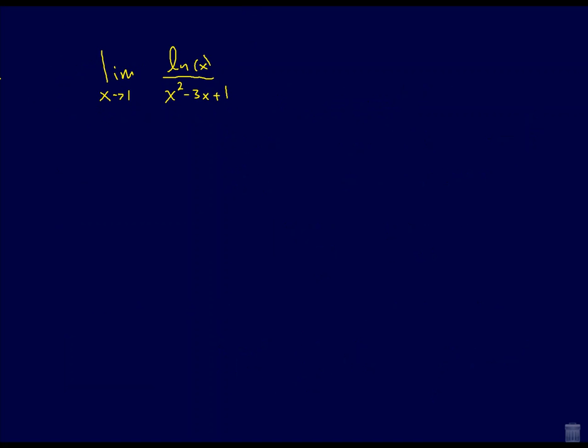Let's fix that real quick. It gave us the indeterminate form 0 over 0 when we just try and evaluate the limit as it is.